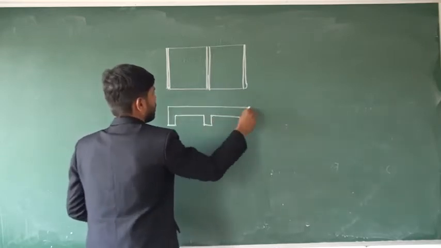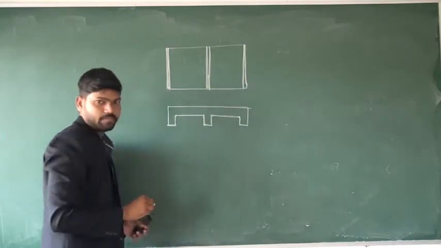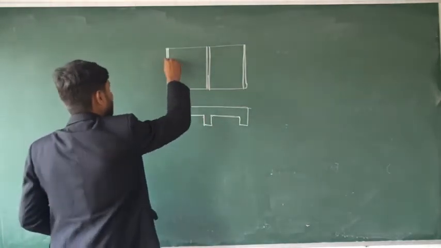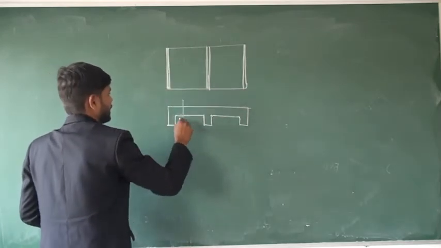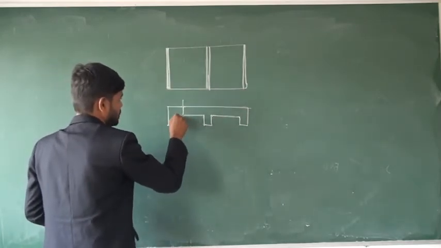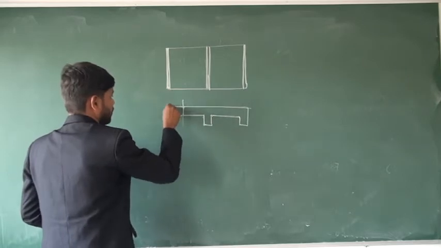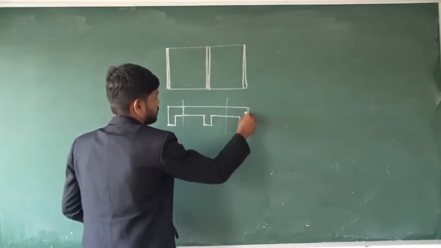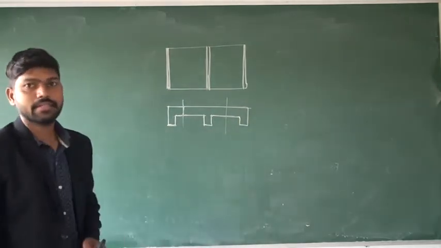This is the slab and this is the beam. Now this corner beam will act as an L beam. If you see the shape of this corner, this will be an L beam and this middle beam will act as a T beam. This is again a corner beam, it will act as an L beam.